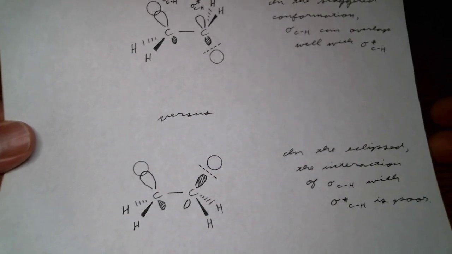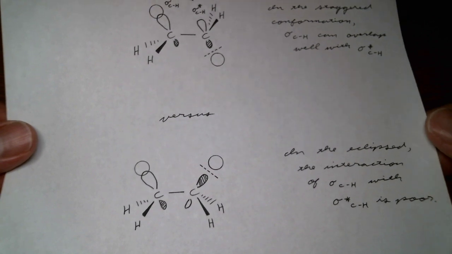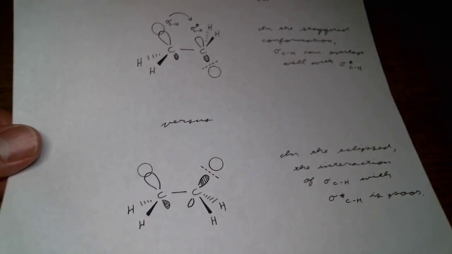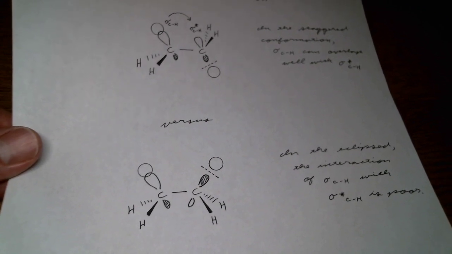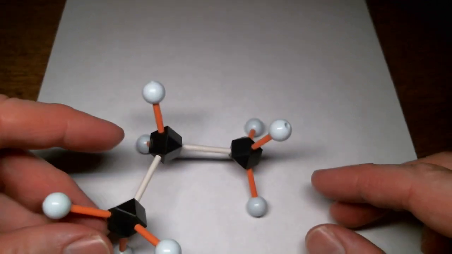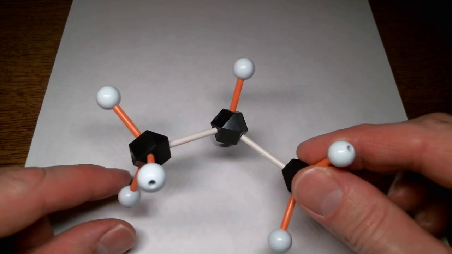So we would next need to ask ourselves, what could we do to complicate our lives in terms of a model for this? And we could say, well, why not add one carbon to our ethane and see what we could get in terms of a rotational energy diagram.